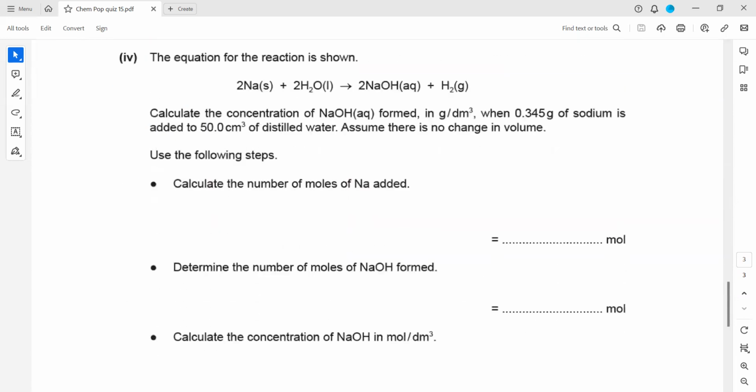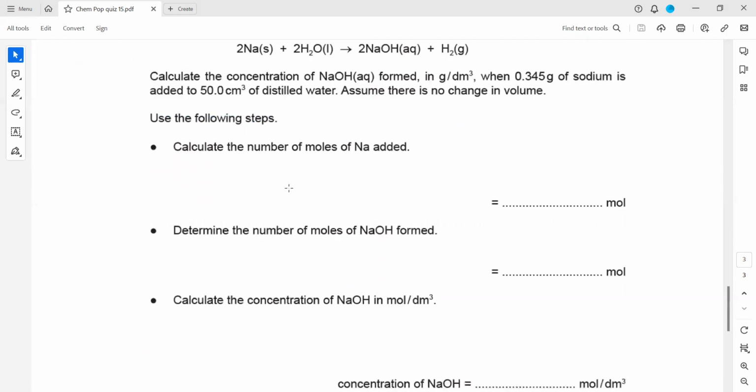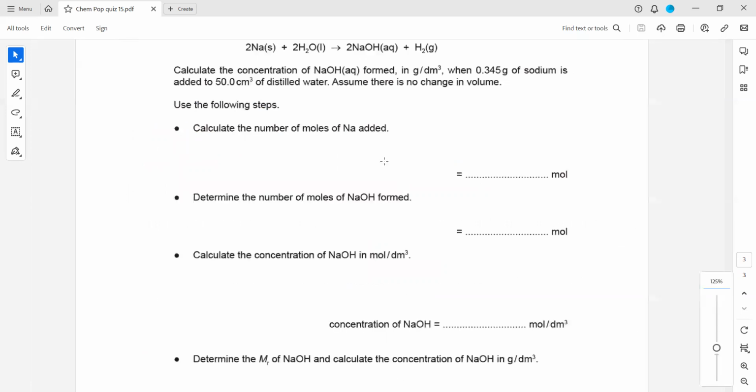Then question 4, which is related to the moles topic. The equation for a reaction is shown. Calculate the concentration of sodium hydroxide in grams per decimeter cube when 0.345 grams of sodium was added to 50 cm cube of distilled water.